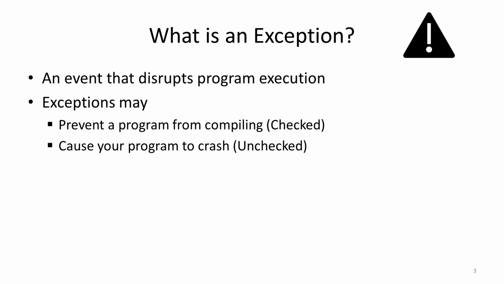Exceptions may cause your program to crash, and those are unchecked exceptions. So there are two types of exceptions here, checked and unchecked. The ones we will be dealing with for now are unchecked, the ones that cause your programs to crash. Later on in the semester, we will be working with and creating our own custom checked exceptions.